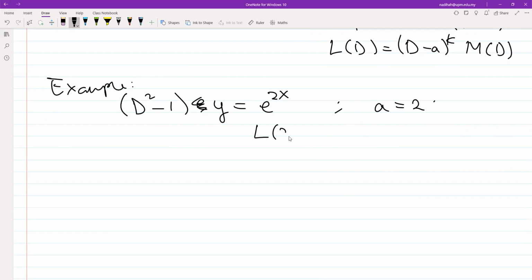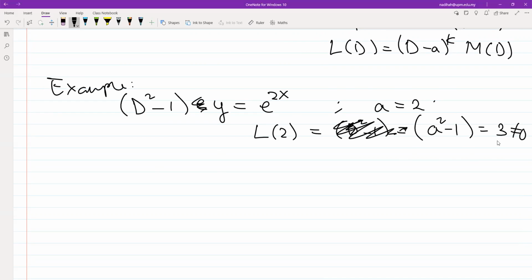So L of 2 is just D squared minus 1, which is a squared minus 1 equals to 3, which is not 0.